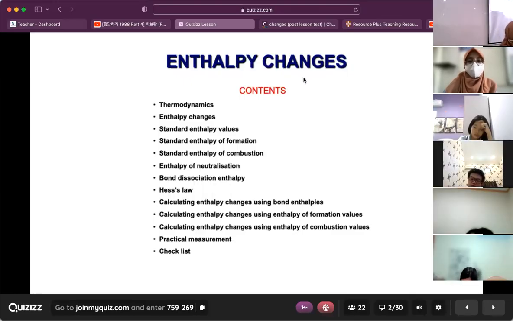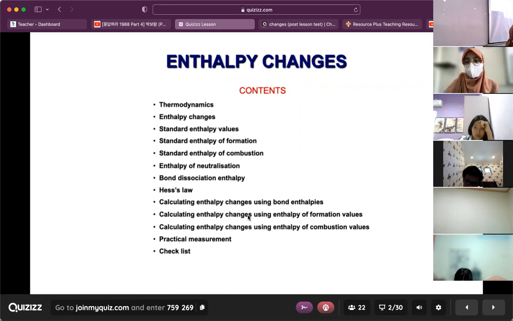Okay, so these are the contents that you will learn in this chapter. Enthalpy changes, standard enthalpy values, standard enthalpy of formation, combustion, neutralization, and bond dissociation enthalpy, Hess's Law, and calculating enthalpy changes using bond enthalpies and enthalpy of formation and combustion values, and then practical measurement.